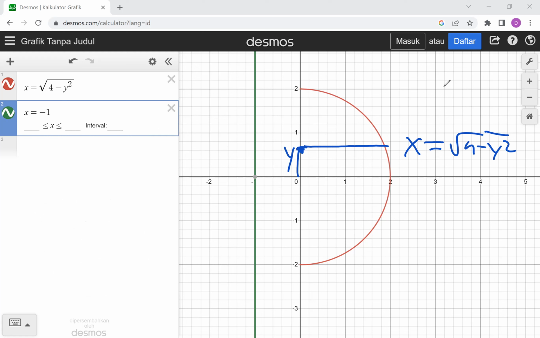So the length of this line segment is square root of 4 minus y squared, right? But I have to measure the distance from this curve to the rotation axis. So that's why I added 1. 1 plus square root of 4 minus y squared. Any question? No, sir. Okay, is it clear? Yes. Any other question?